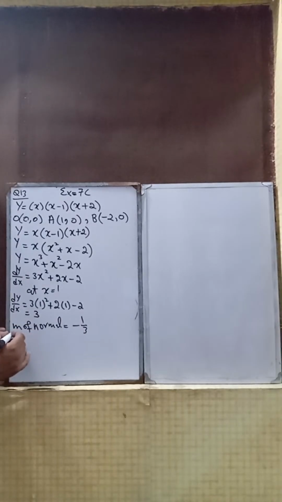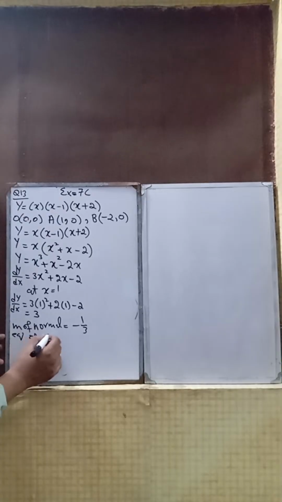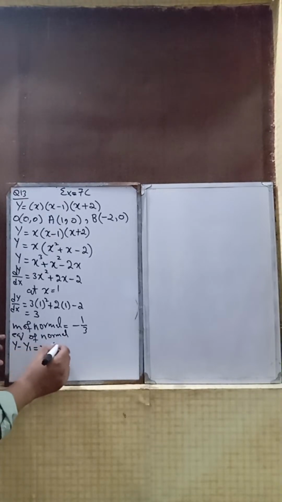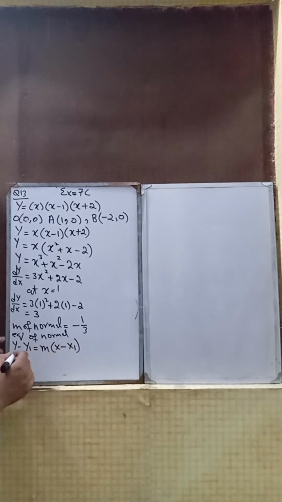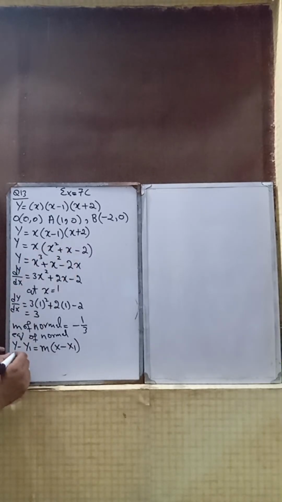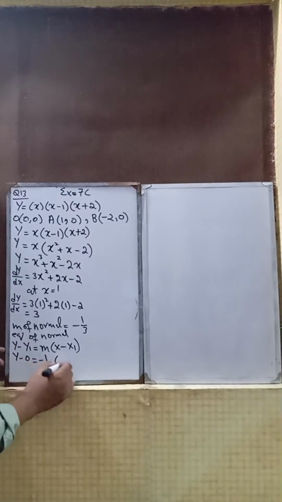Now I will find the equation of the normal. That is y minus y1 equals to m into x minus x1. I'm using point A. So y minus 0 equals to minus 1 by 3 into x minus 1.